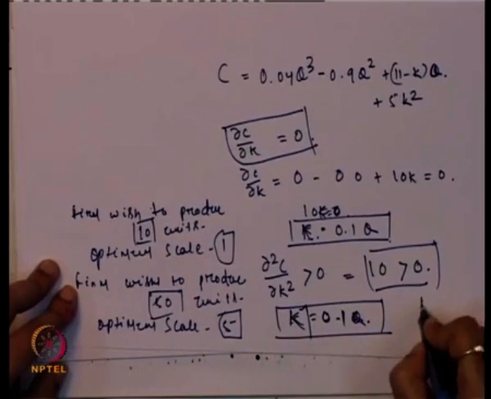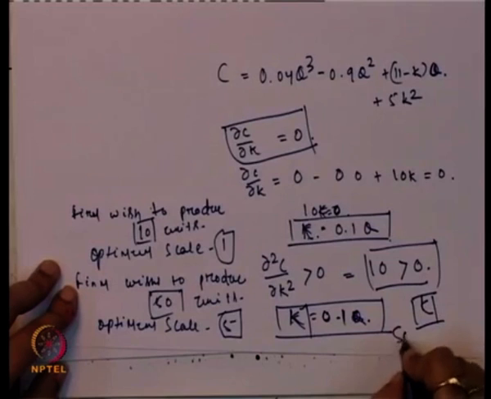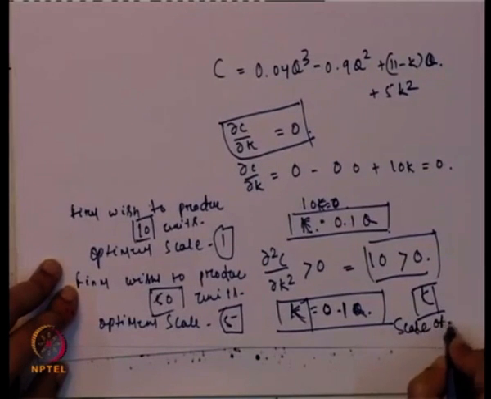And what is k? K is the scale of the plant or the size of the plant.